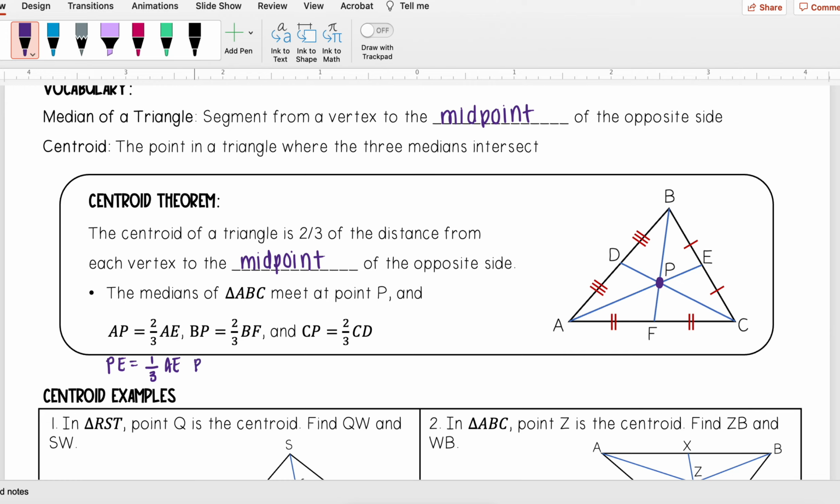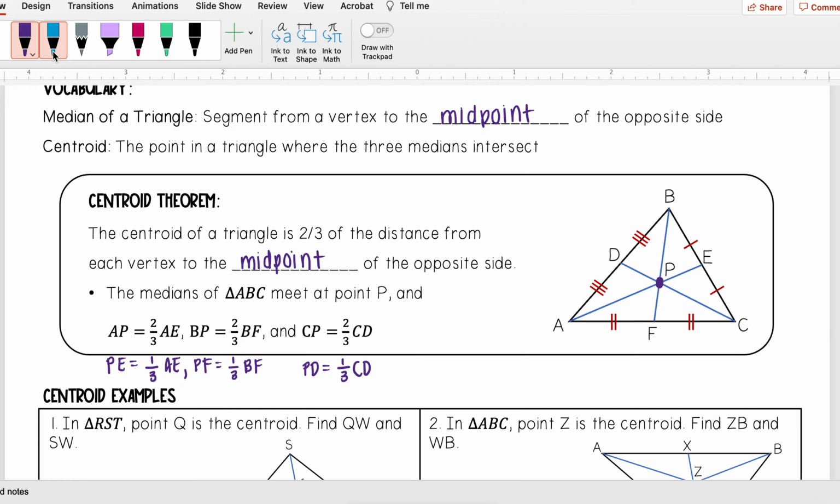So PF would equal 1/3 of BF, and PD would equal 1/3 of CD. So again, the one that's 2/3 of the way is the one that is coming from the vertex. That is the one that ends up being 2/3 of the entire median.